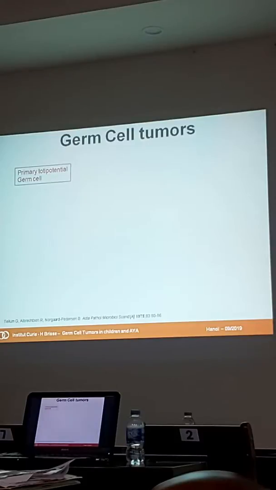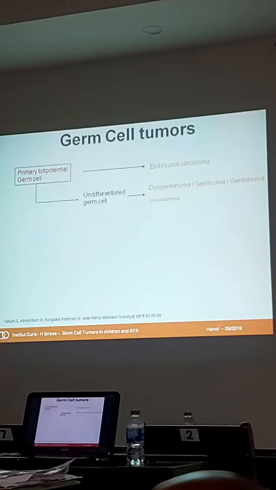So if the cells which produce the tumor originate from the primary totipotential germ cell, this leads to a carcinoma, embryonal carcinoma. If the cells arise from the undifferentiated germ cells, the tumor is called germinoma.